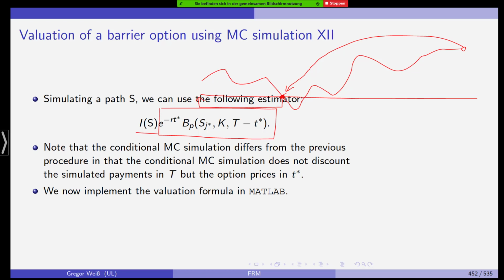And this is also conditional Monte Carlo simulation. It only differs in the fact that we use the down-and-in put, we simulate the paths, and from that point on, when it has been knocked in for the first time, we take the analytical Black-Scholes formula, and we only need to do a little bit more discounting.